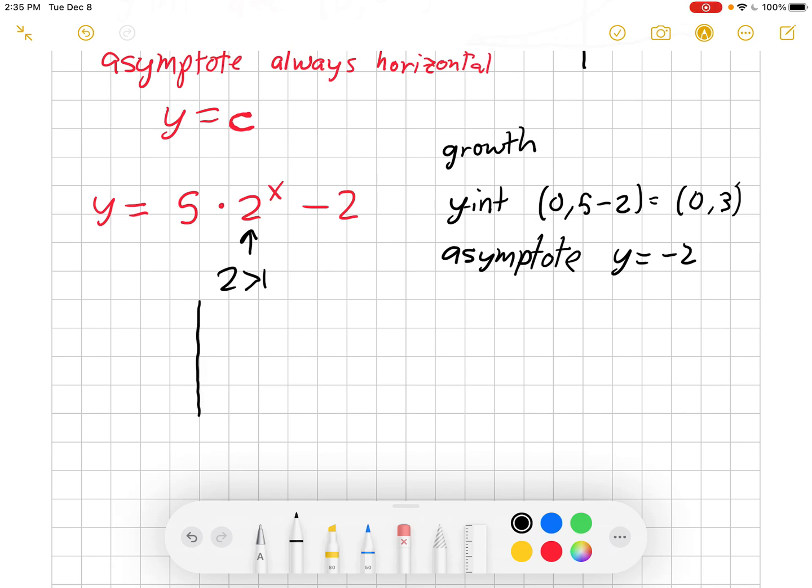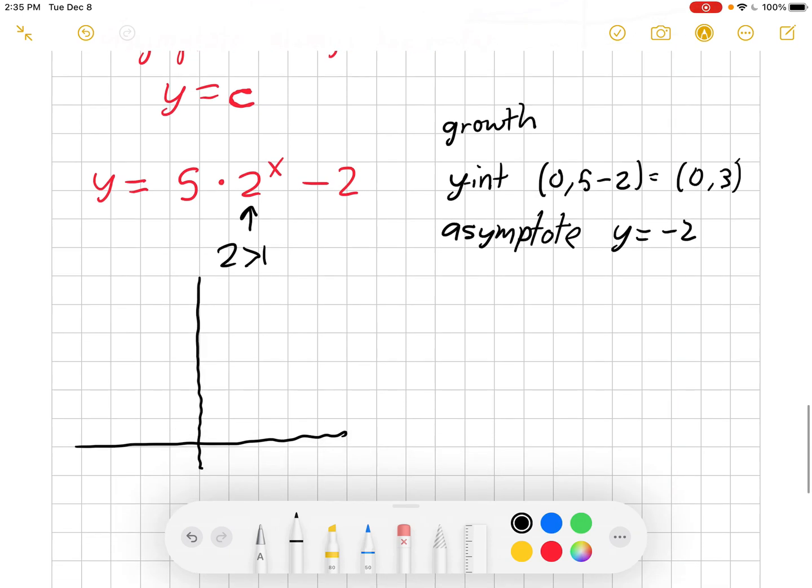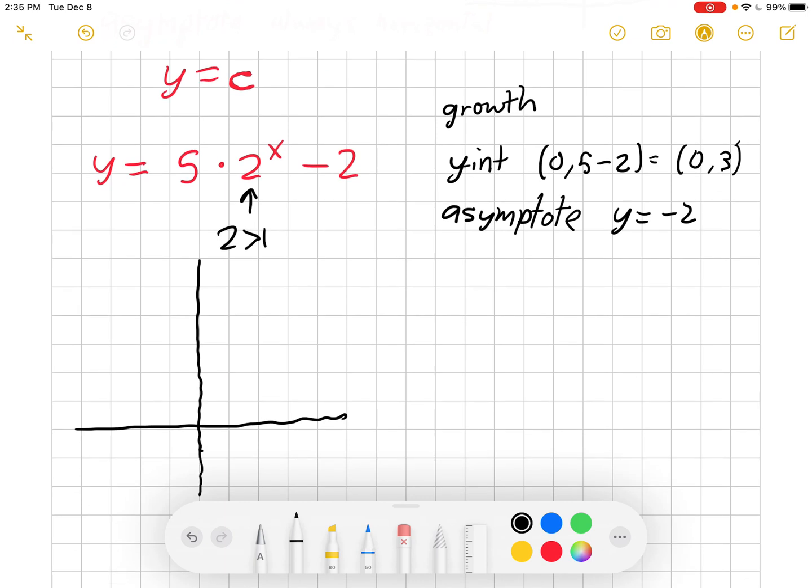Let's put in our axes. We'll say that this point right here is -2. I'm going to put my asymptote in red. It's not really there, but it's helpful to remember it being there. We can go ahead and put in our point 0, 3, our y-intercept, and we know that it's going to follow a growth pattern.